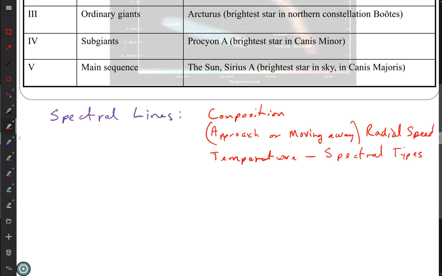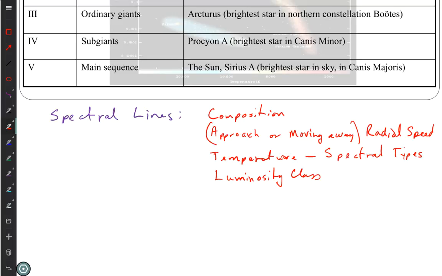We called it the spectral type because we get the temperature from looking at the spectra. Now we have one more thing. We actually determined the luminosity class from the spectral lines. How can we determine the luminosity class from the spectral lines?